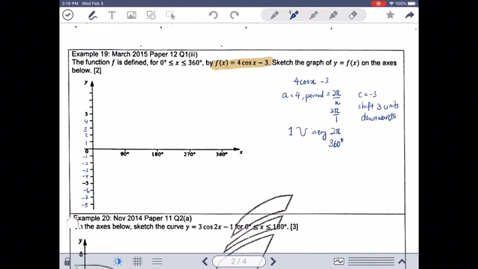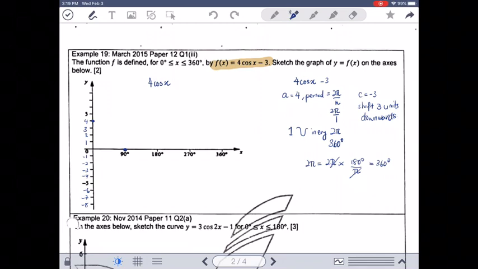Just in case you forget how to convert 2 pi to degrees, 2 pi equals 2 pi times 180 degrees divided by pi. So you should get 360 degrees. Okay, so our amplitude is 4. We start off with 4 cos x first.